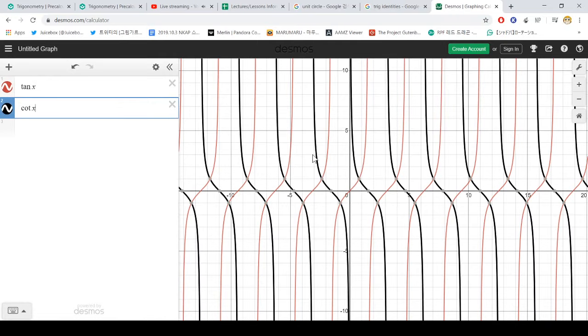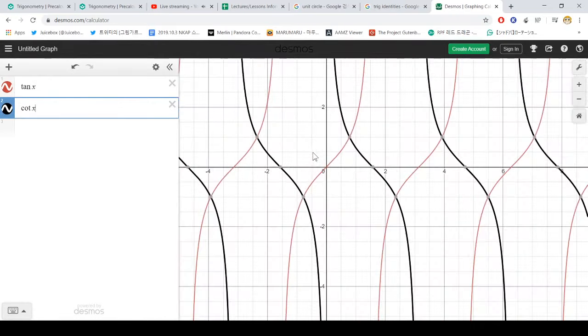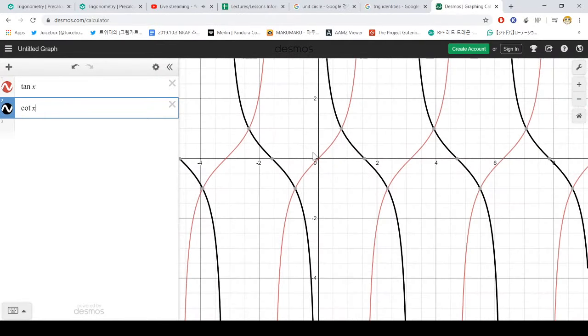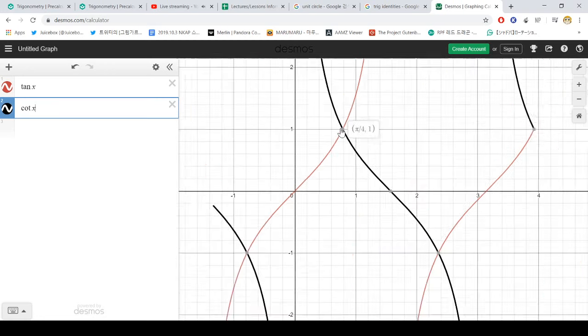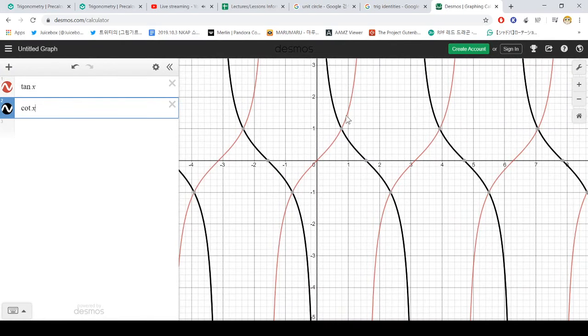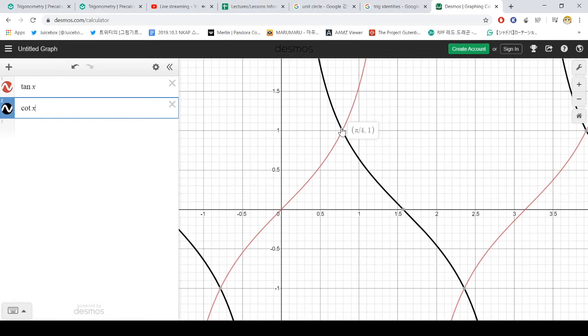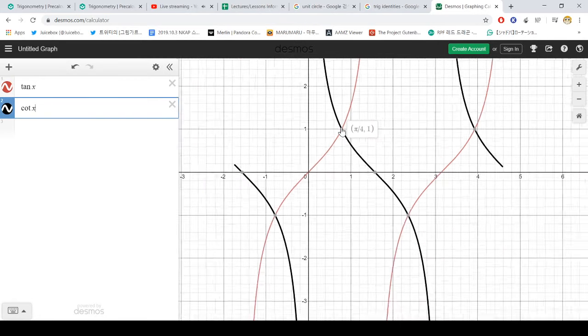So cotangent x. Yeah, a lot weirder, isn't it? Essentially you need to remember that they intersect when they equal 1. Even though tangent doesn't equal 1 at a clear number, at pi over 4 it hits 1, and it goes the same for cotangent x.